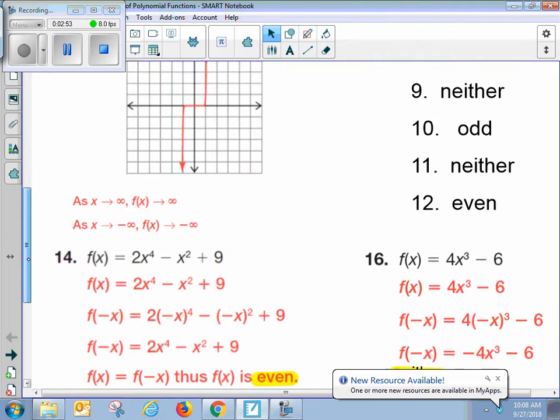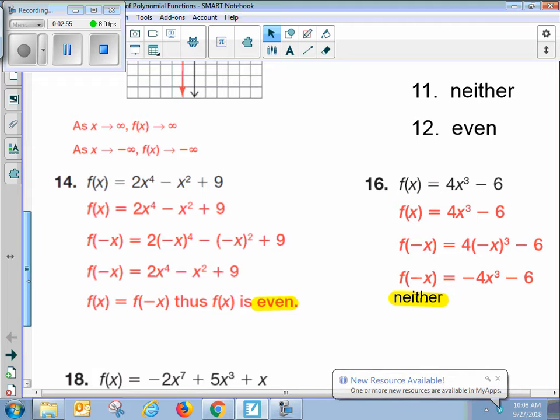Algebraically, what is the math you need to do algebraically to prove if something is even? Go ahead. Good. So first you go into your problem and you convert all your x's to negative x's. You take them to the respective power and do the math. And all your signs to be even must be the same. Good.